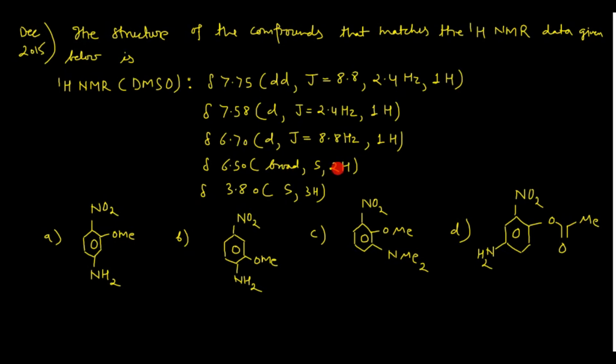So you have to look for the answer which has two hydrogens attached to it. This molecule has two hydrogens, so A could be the answer. B also has NH2, so this could also be your answer. The third option does not have NH2.